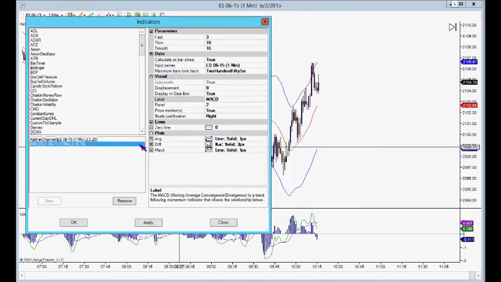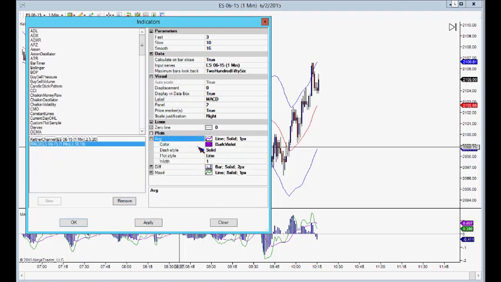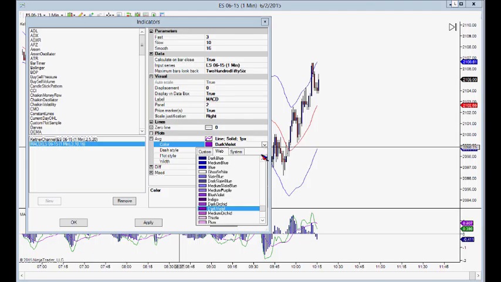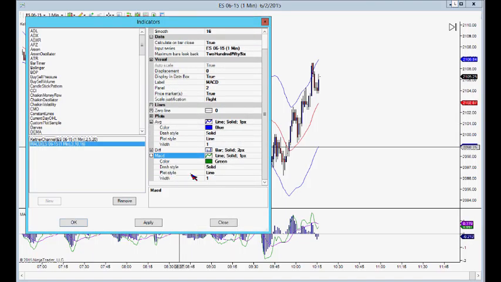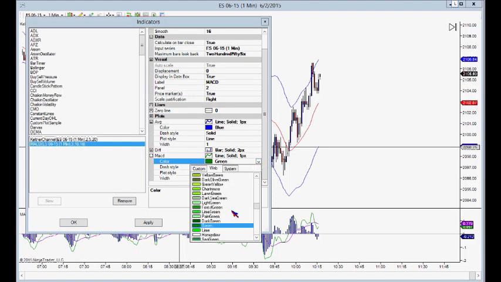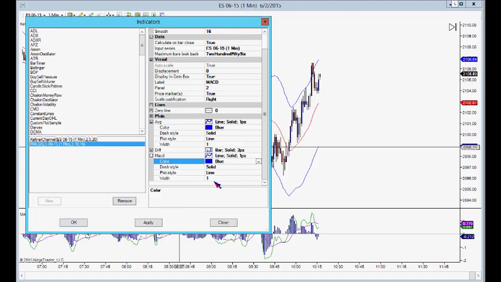So you go to the MACD, your average. We're going to take the average and make it blue. Go to the MACD, make it blue. It gets a little tricky.